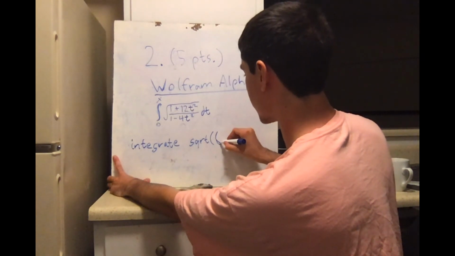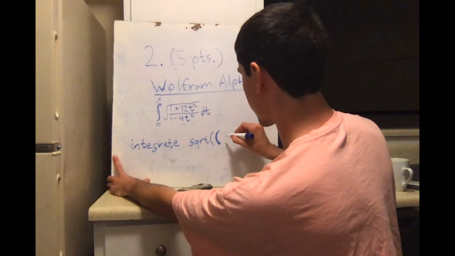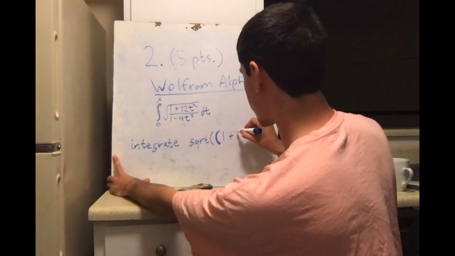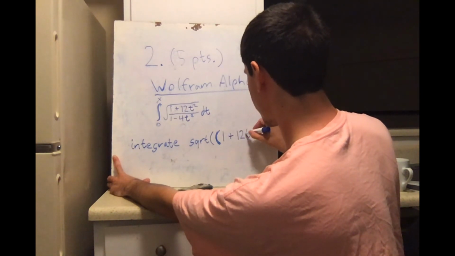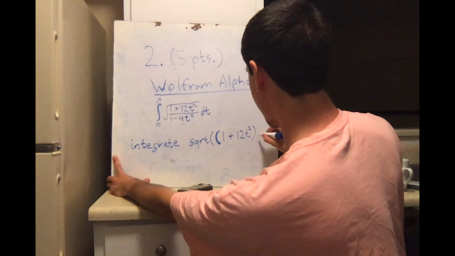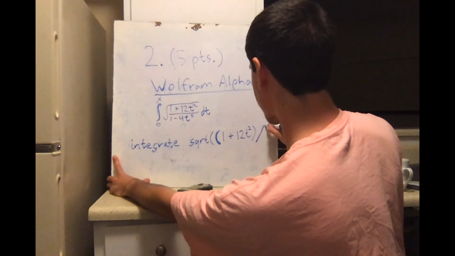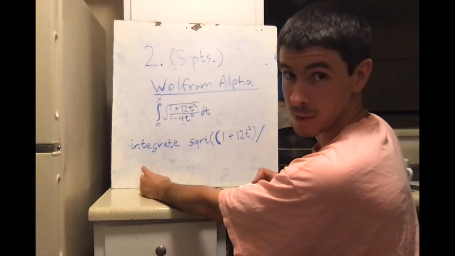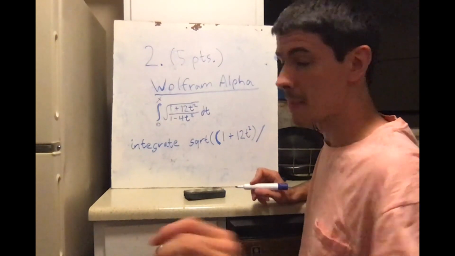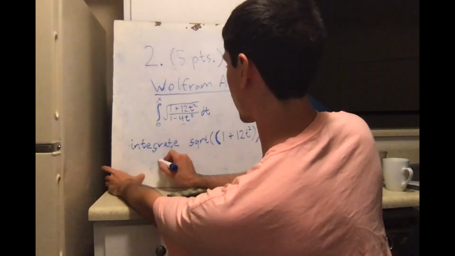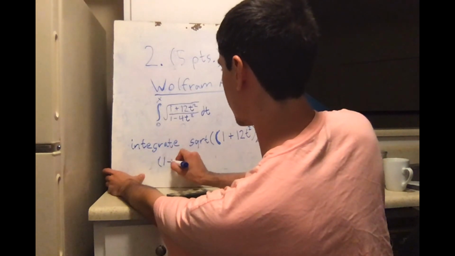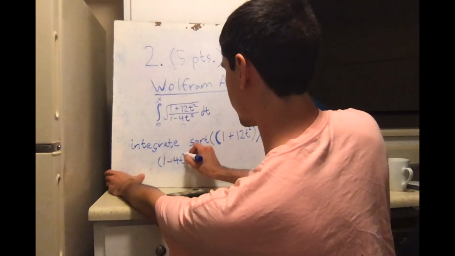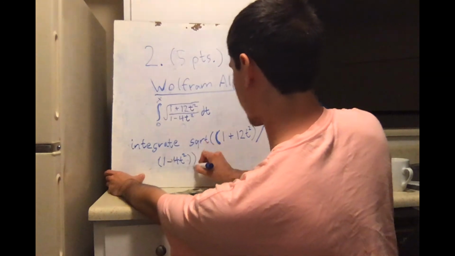They just want parentheses. Square root of 1 plus 12t squared, and then divided by is going to be this slash. I'm going to continue it on the next line, but it should all be in one line. So 1 minus 4t squared, and then close parentheses.